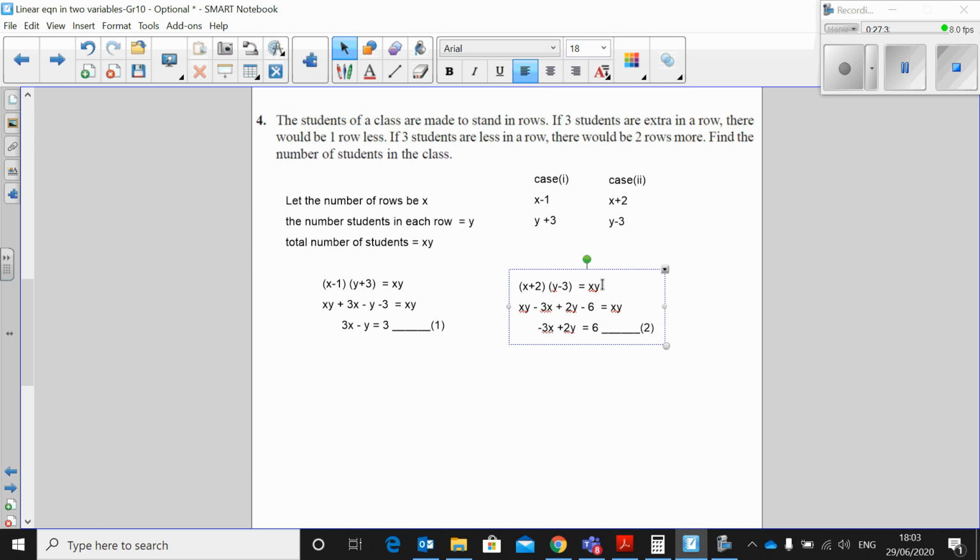Let us look into equation 1 and 2. One is 3x, the other one is minus 3x. So can we add both the equations?